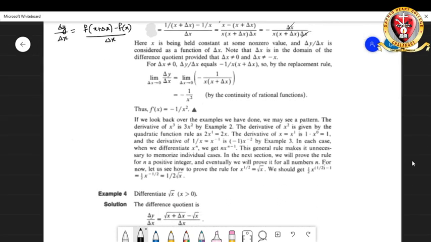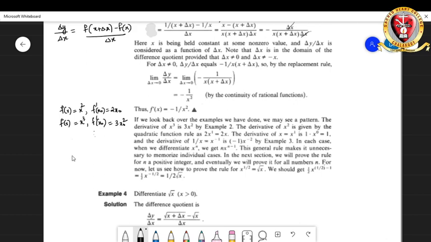So in all these examples, we saw that when f of x is equal to x square, you got f dash of x naught is equal to 2 x naught. When f of x is equal to x cube, we obtained f dash of x naught is equal to 3 x naught square, and so on.